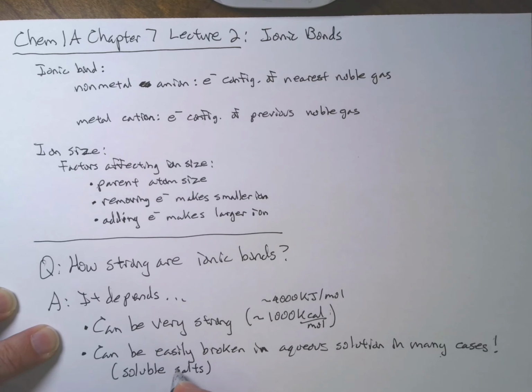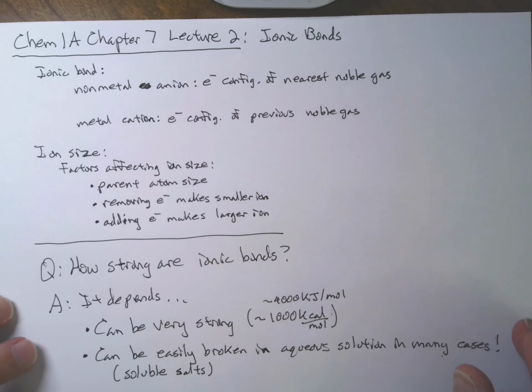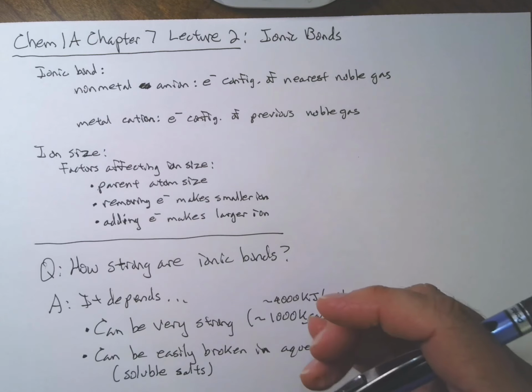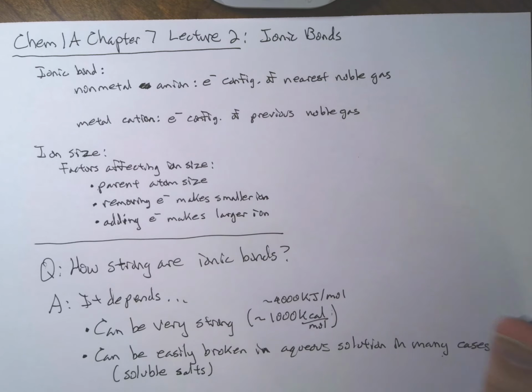So soluble salts. Something like magnesium oxide may have a bond energy of 1,000 kcals per mole, kilocalories per mole, 4,000 kilojoules per mole, and that isn't soluble.